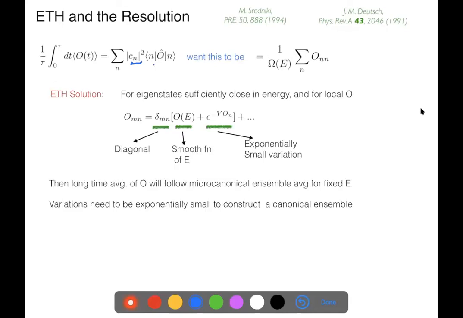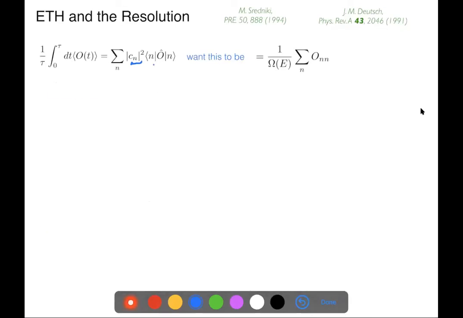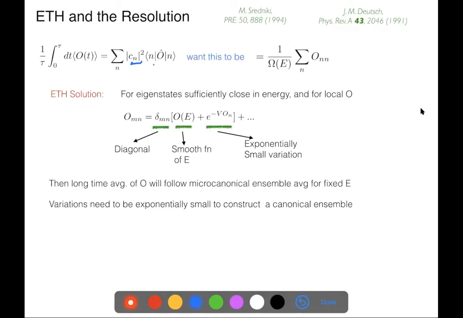First of all, you get a delta_mn, but even the diagonal matrix element A is a smooth function of E, which means it does not vary from one state to another as long as E is the same. It's not completely true that it does not vary. It can vary, but it should vary by only an exponentially small quantity, so that the term which depends on which state I'm looking at goes like e to the power minus V, where V is the system size.